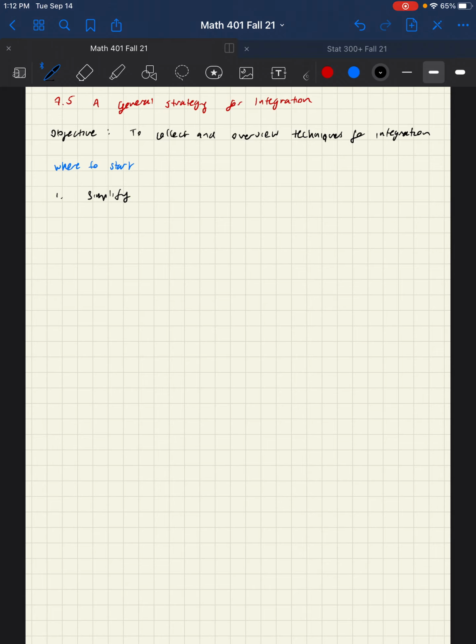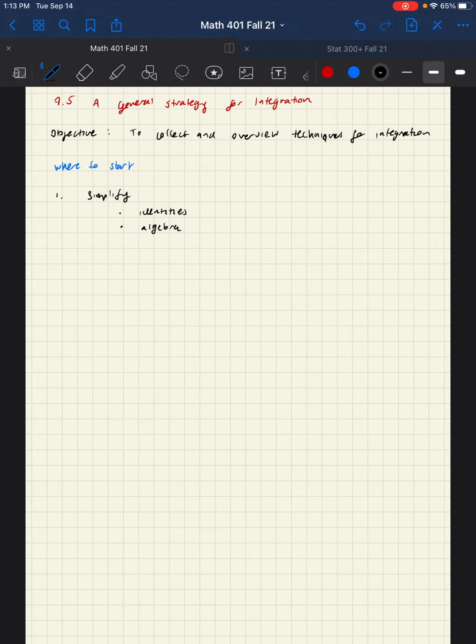Wherever possible, simplify the integrand, and hopefully you can use some identities, like if you have a trig function involved, or some algebra that will make the integrand a little less complicated and convoluted.